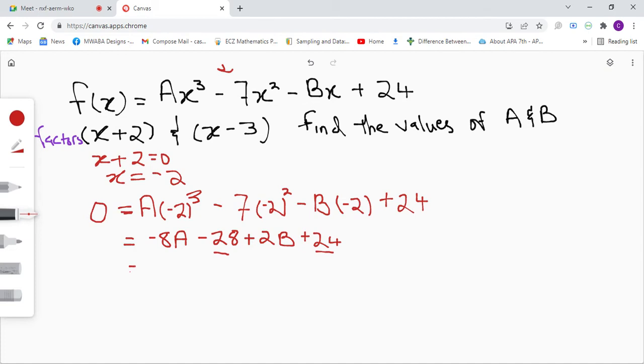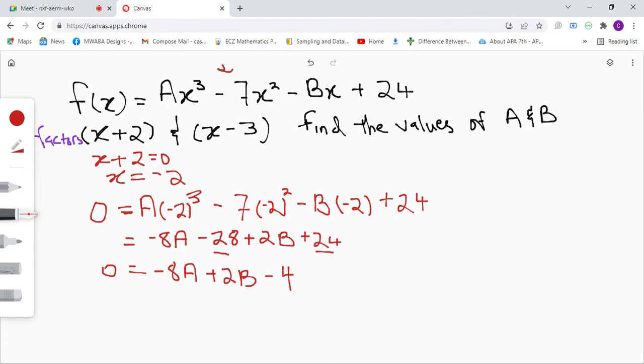So we'll say negative 8a plus 2b, and negative 28 plus 24 we get minus 4. We're now going to take this negative 4 to the other side, because we can't operate on negative 8a plus 2b. So we're going to make an equation out of this.